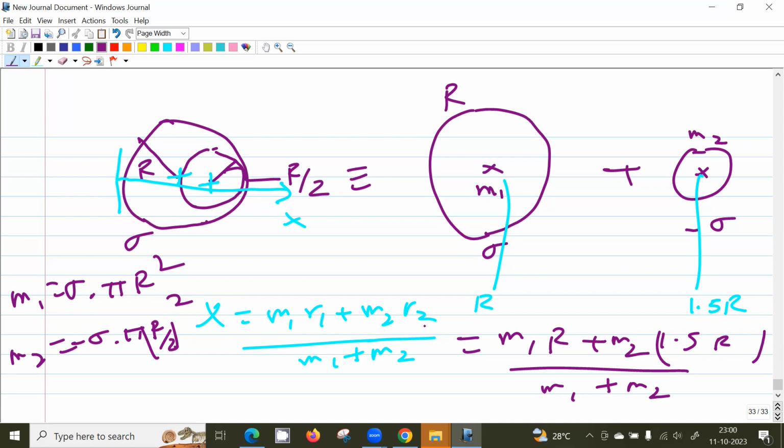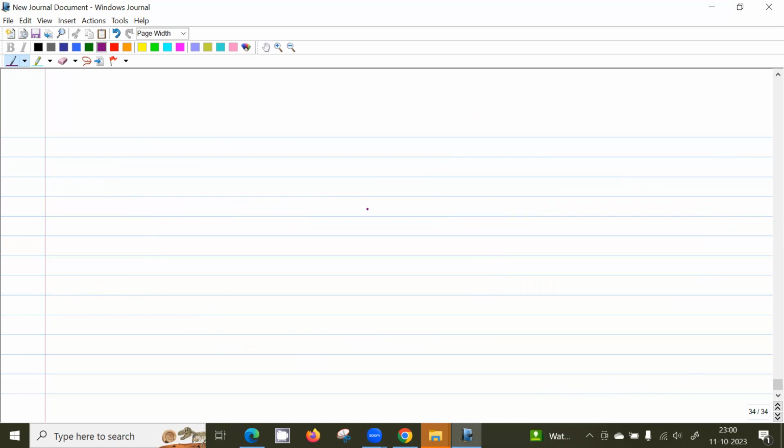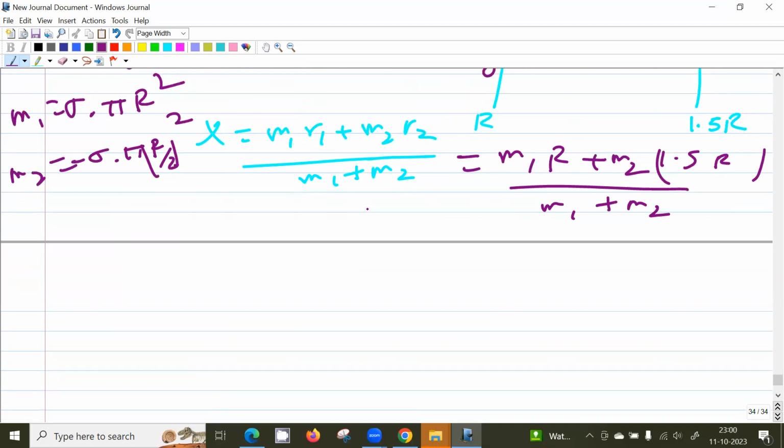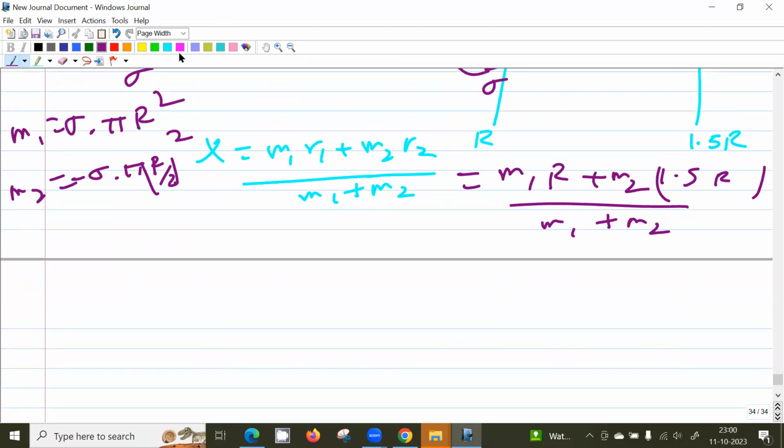Okay, so sigma pi will cancel, so it will become R square into R plus M2 is minus.